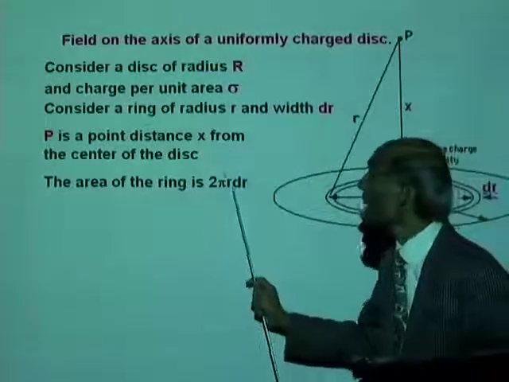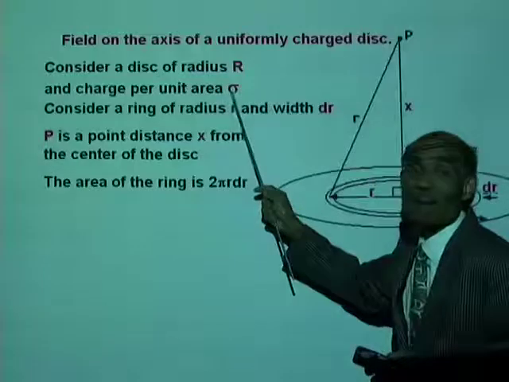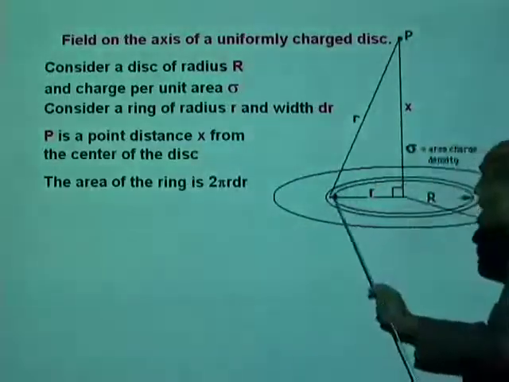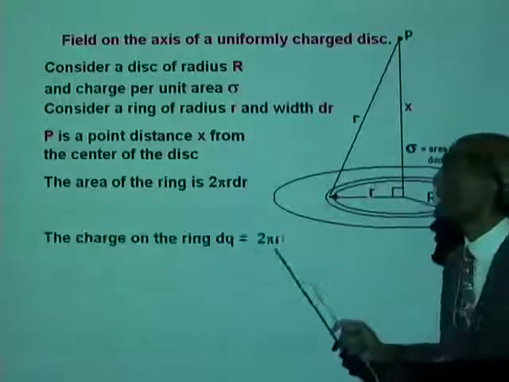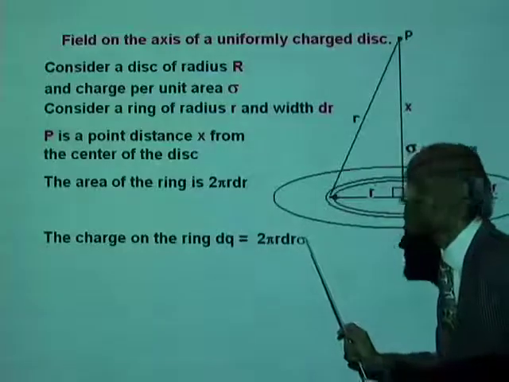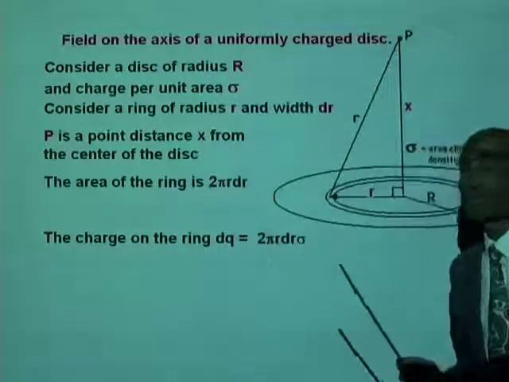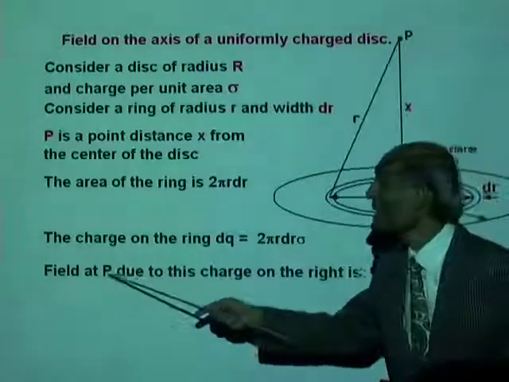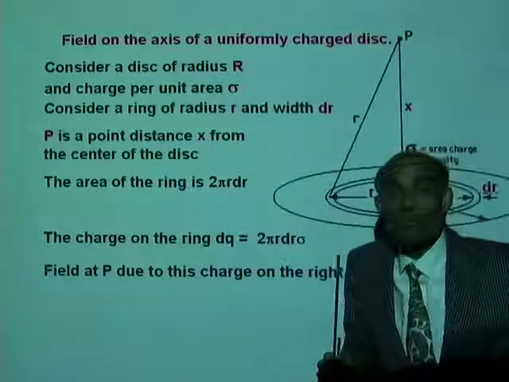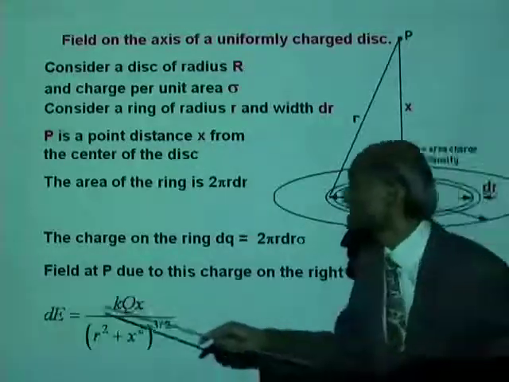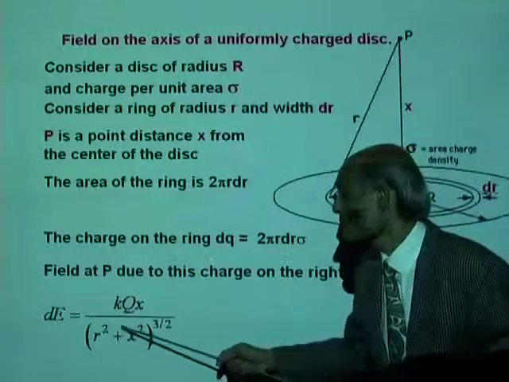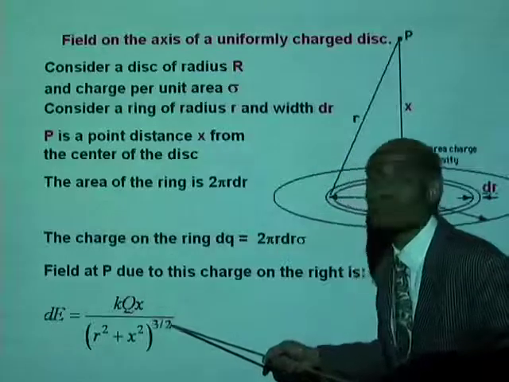And if you multiply this area with sigma, sigma is the charge per unit area, that will give me the amount of charge on that ring. The charge on the ring is this area multiplied by sigma, the charge per unit area. And now, the field at P due to this charge, we're going to import the formula we derived in the previous case, dE equal to kqx over (r squared plus x squared) to the power of 3 over 2.